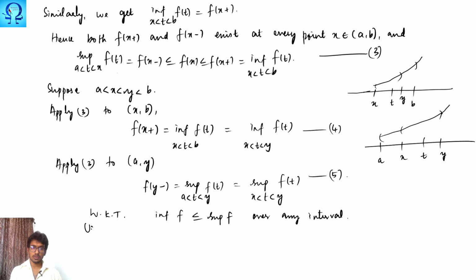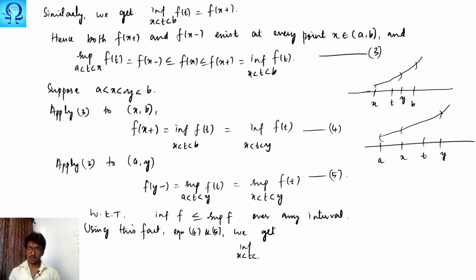Using this fact, equations 4 and 5, what we get is that the infimum over x less than t less than y of f of t is less than or equal to the supremum over x less than t less than y of f of t, and this concludes that the infimum value is f of x plus, and the supremum is f of y minus. This completes the proof.